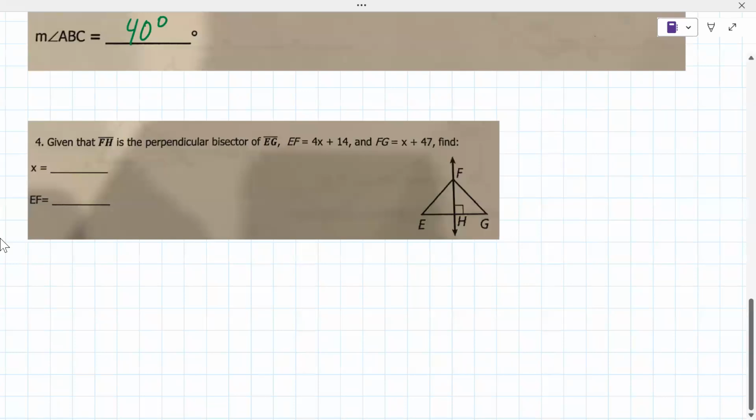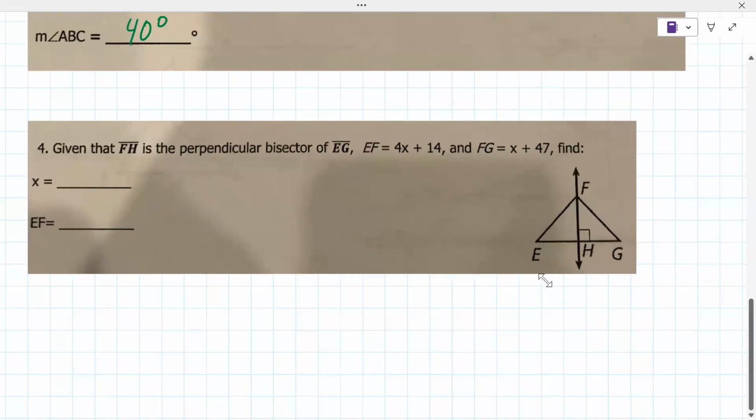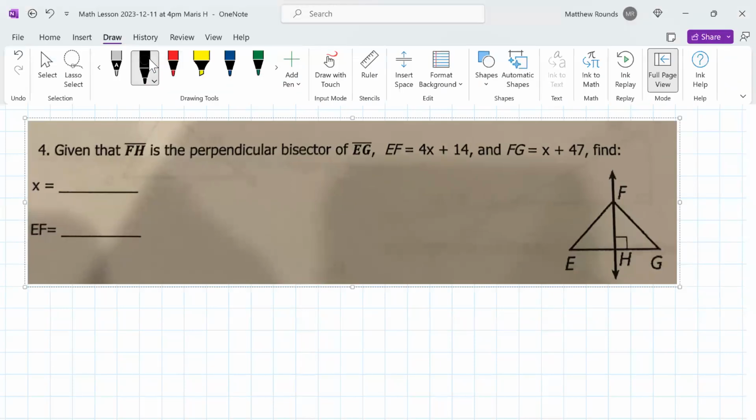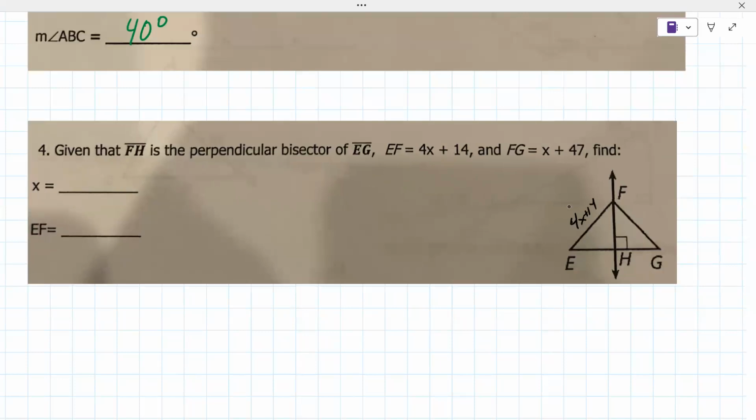All right. Given that FH is the perpendicular bisector of EG, EF is 4x plus 14. So good to label the ones that you're given, 4x plus 14, and FG is x plus 47. What do we know about those two sides? Congruent. Yes.